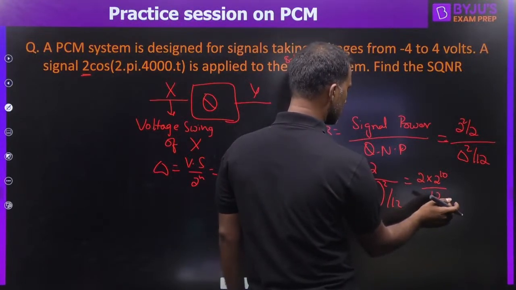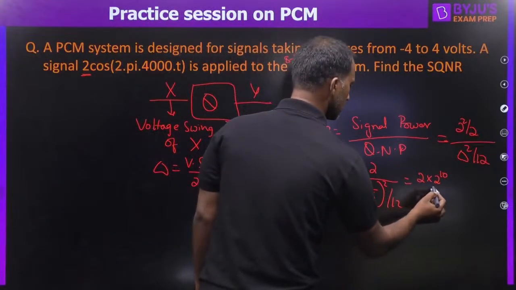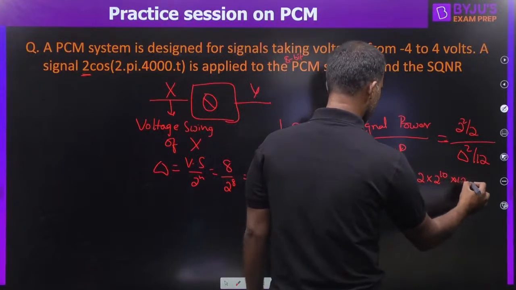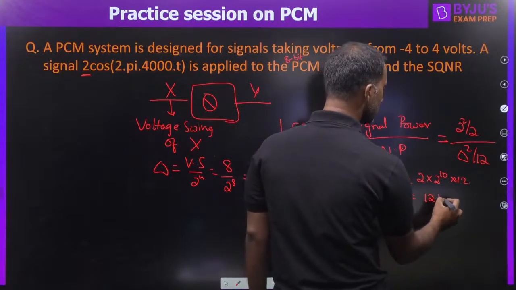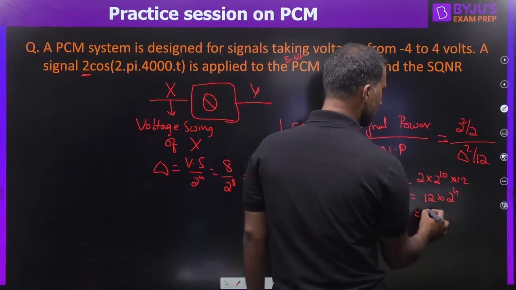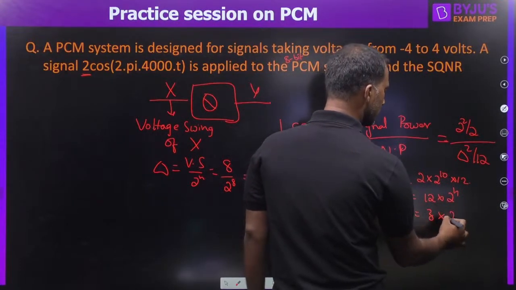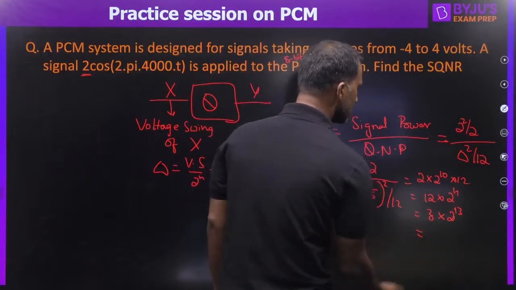Sorry, this 12 also goes into the numerator. This is equal to 12 into 2 power 11. You can write it as 3 into 4, which means it is 2 power 13, right?